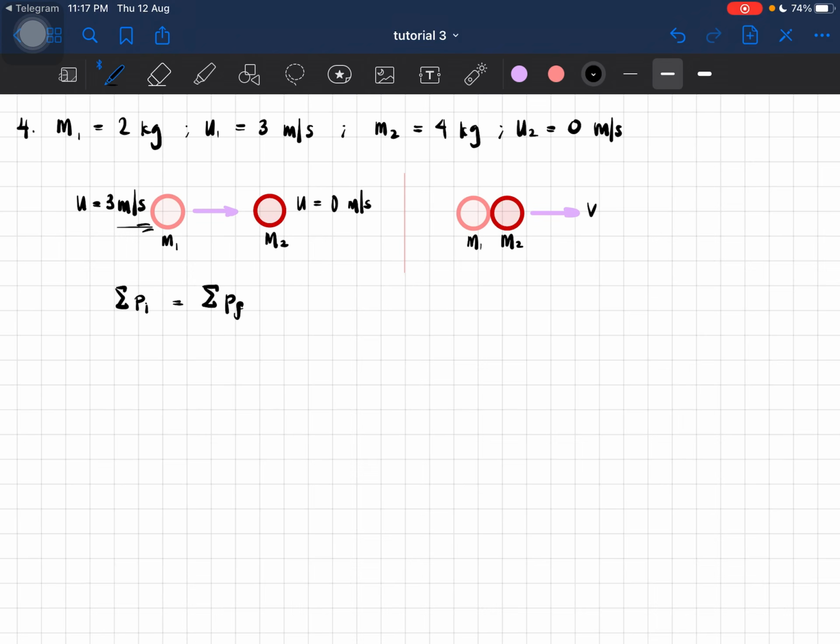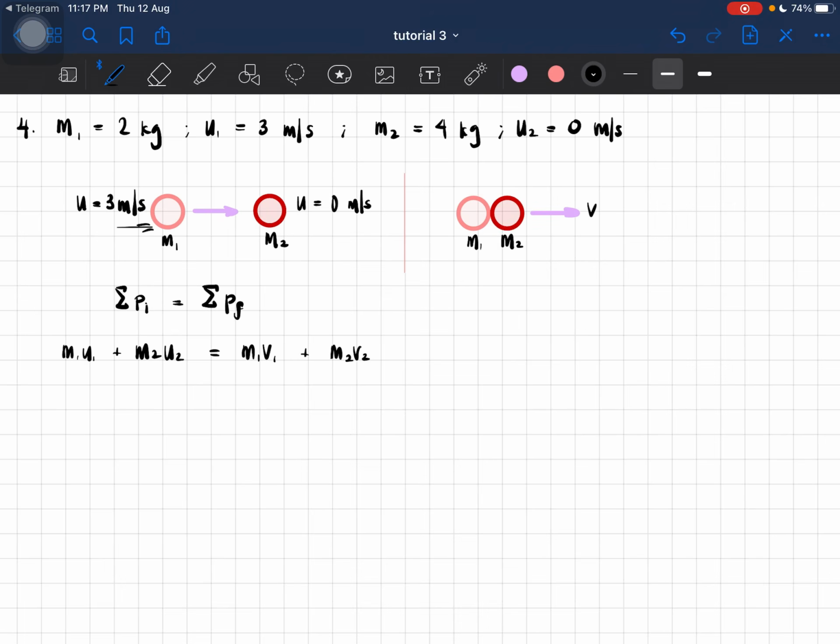We know that momentum is equal to mv. So m1 u1 plus m2 u2 equal to m1 v1 plus, sorry, you need the general equation. This is the general equation.